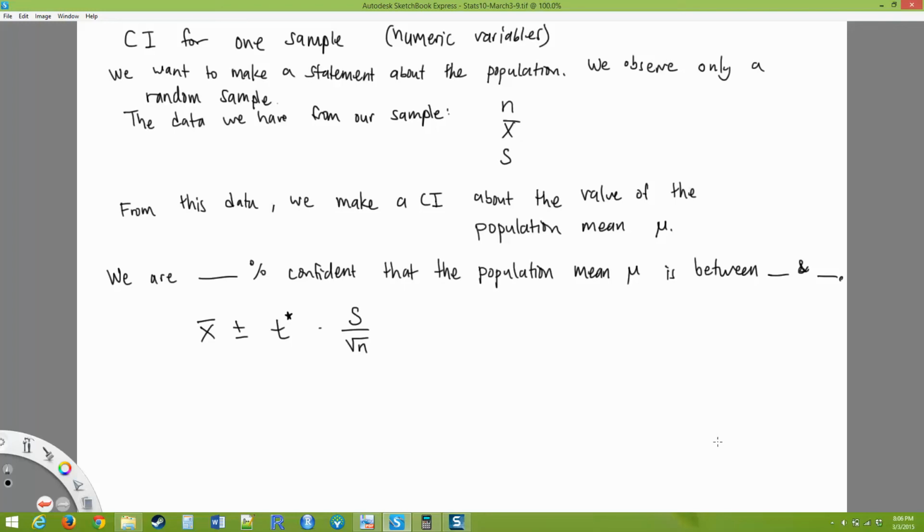So it's very similar to the confidence interval from chapter 7 where we were dealing with a proportion. We had p hat plus or minus z star times the standard error. And now instead of p hat, we've got x bar. Instead of z, we have a t. And the formula for the standard error changed. It's like faces. You look at one face and you look at another face.